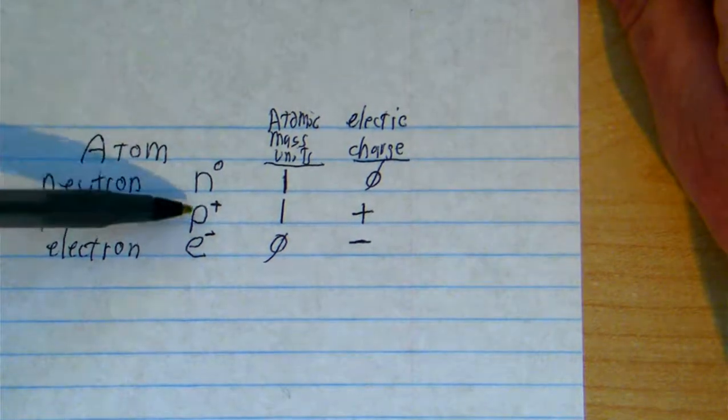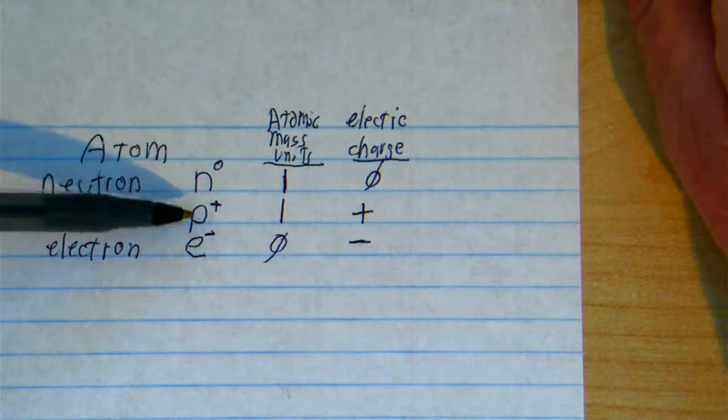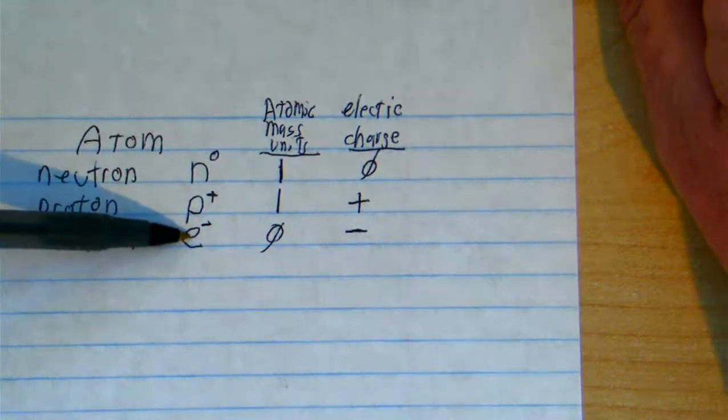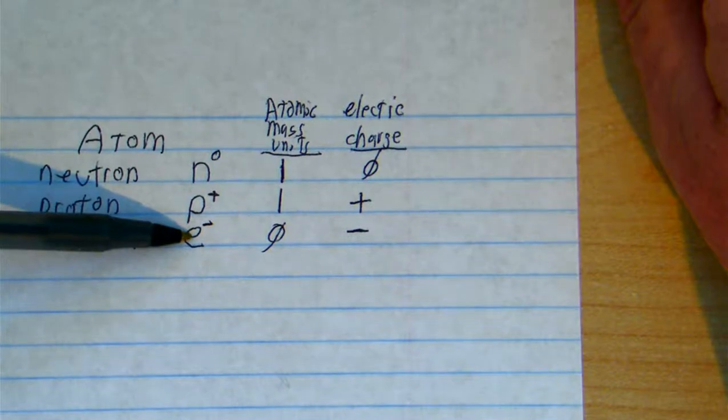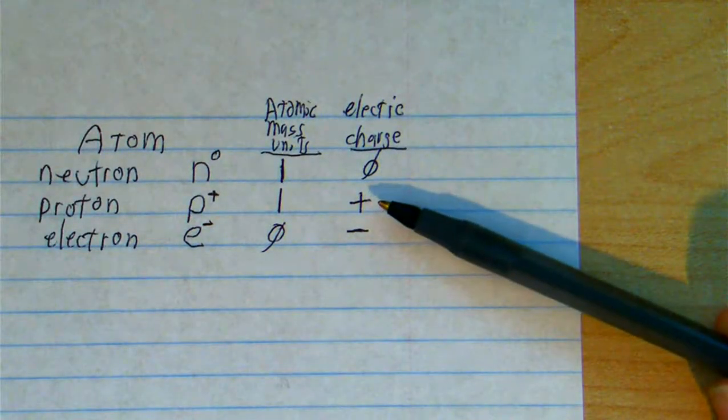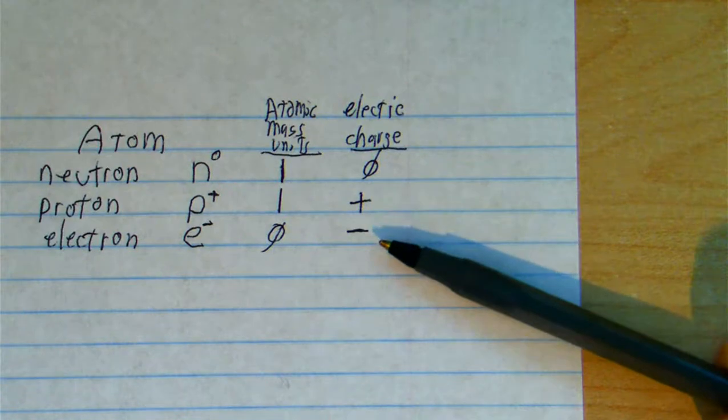Now, even though the mass of a proton is close to 2,000 times greater than the mass of an electron, the electrical charge on a proton has the same magnitude as the electrical charge on an electron.